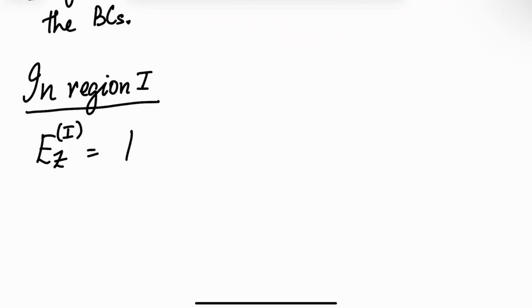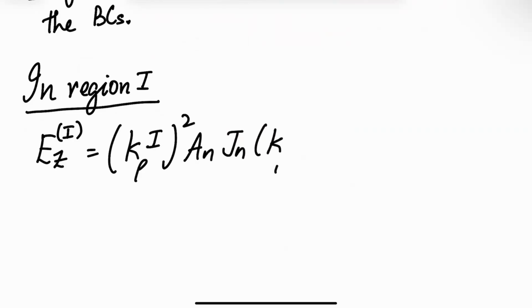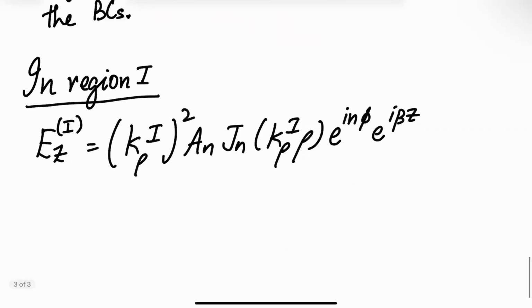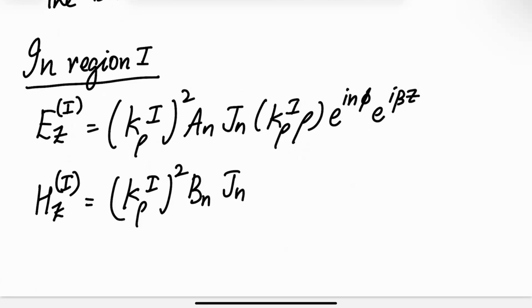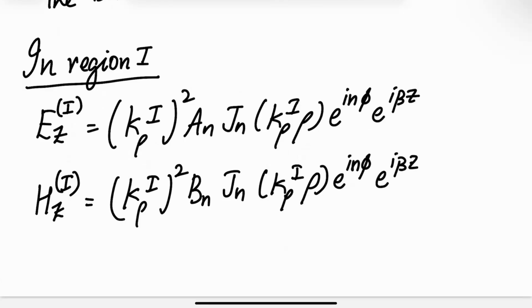So Ez1 is k_rho1 squared, A_n, J_n(k_rho1 rho), e^(i n phi), e^(i beta z), and Hz1, because it's region 1, is k_rho1 squared, B_n, J_n(k_rho1 rho), e^(i n phi), e^(i beta z).